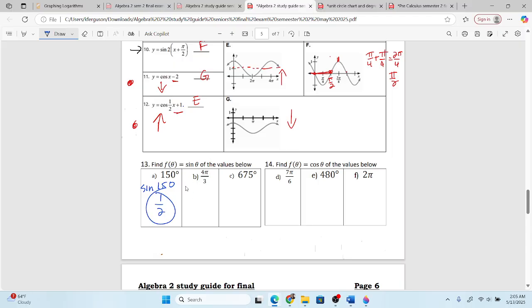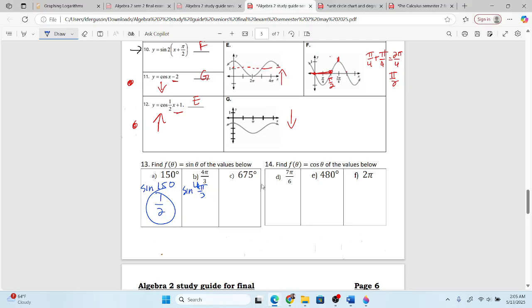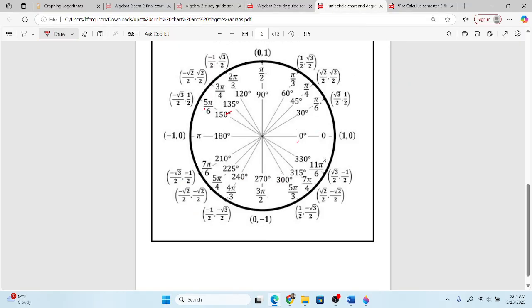So what about sine of 4 pi over 3? 4 pi over 3, that's sine of 240. That's negative square root of 3 over 2. And well, 675, that's bigger than my unit circle because my unit circle only covers 360 degrees.